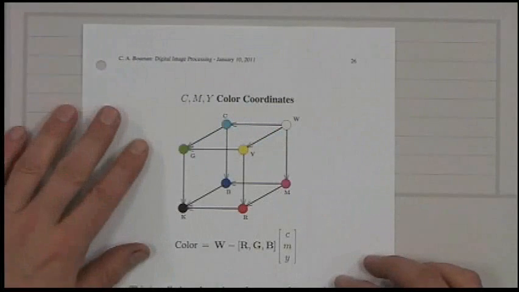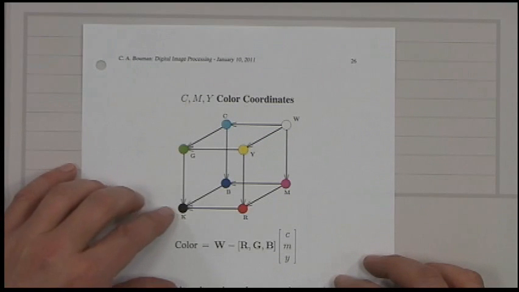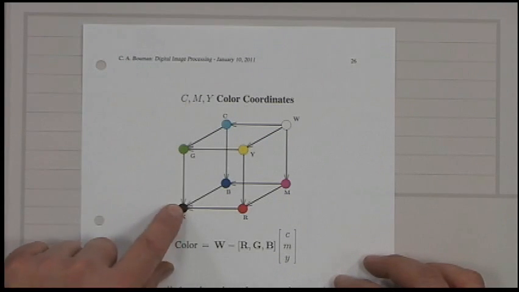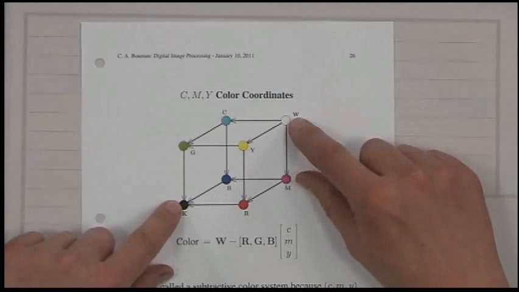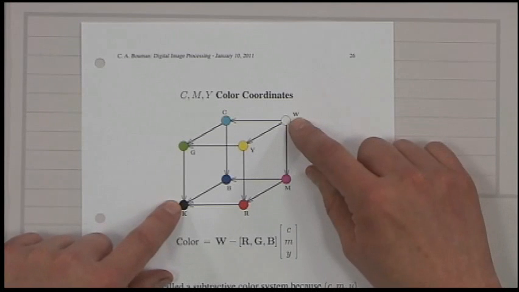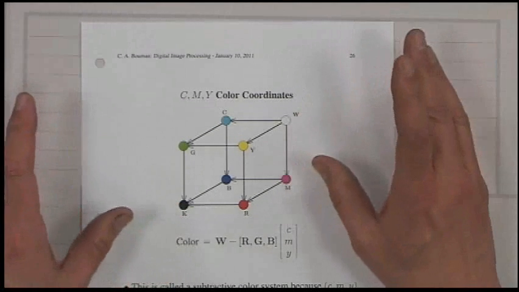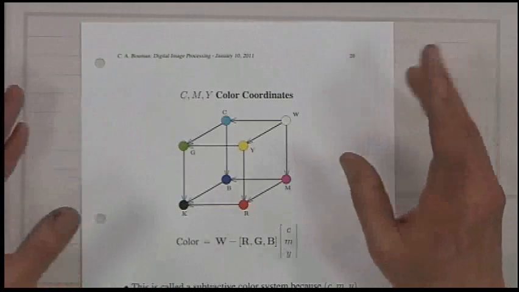So, if you recall from last time, we were talking about the color cube, and basically K is the black, and W here represents white, which is usually assumed to be the paper color. So this is a qualitative color system as opposed to precisely quantitative as I'm presenting it here.